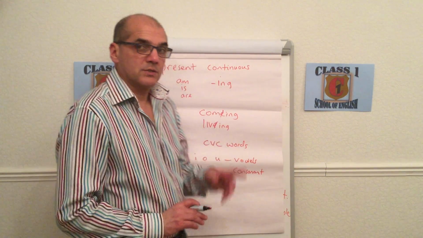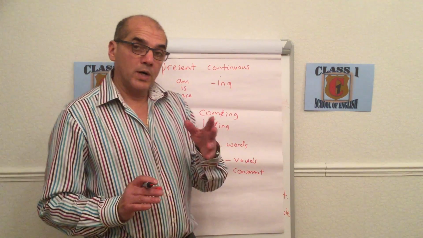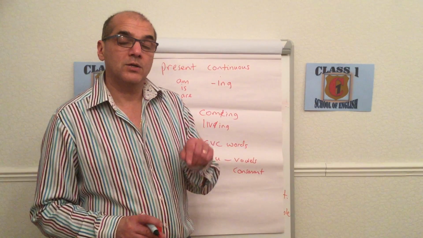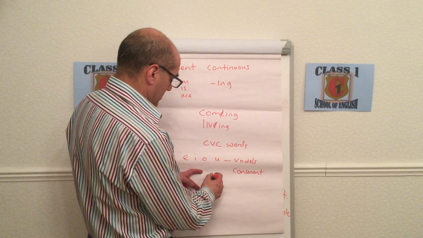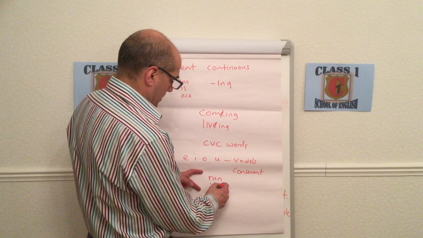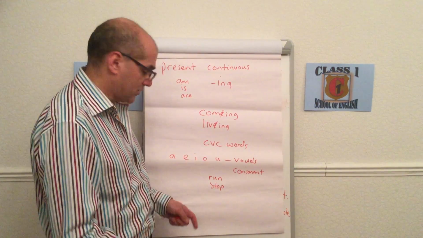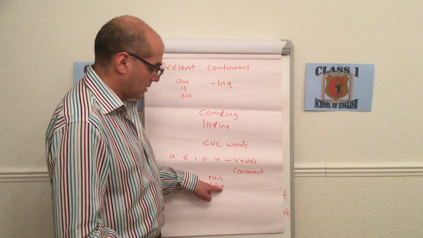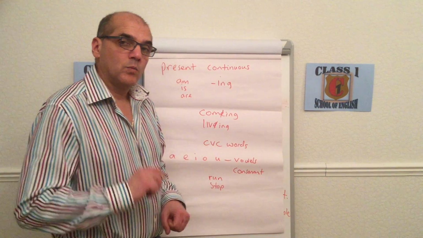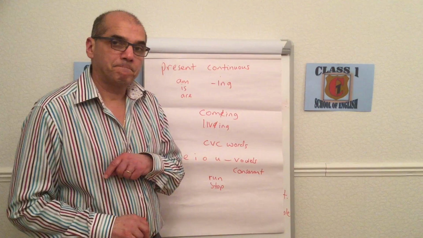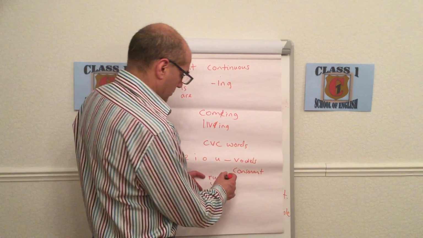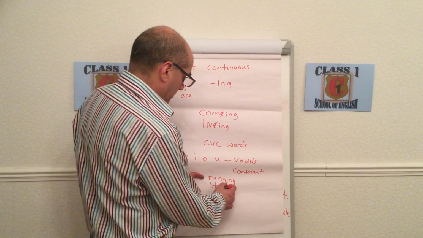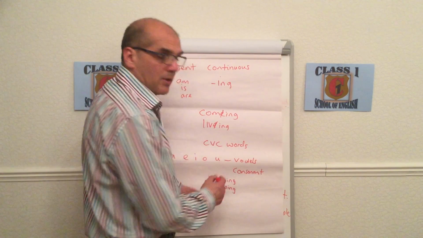So when you have a verb that ends with CVC, consonant, vowel, consonant, like for example, run or stop, if you look at the last three letters, consonant, vowel, consonant, it's always the last three letters. What you do is you have to double that consonant and then put ing. So run becomes running. Stop becomes stopping.